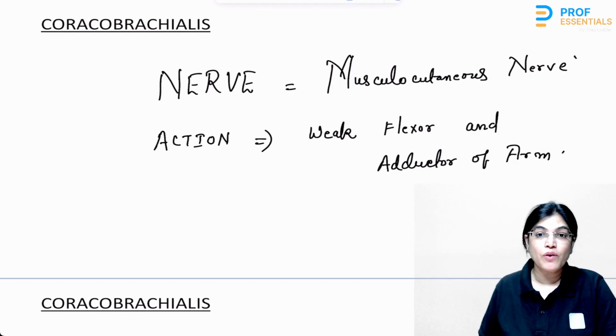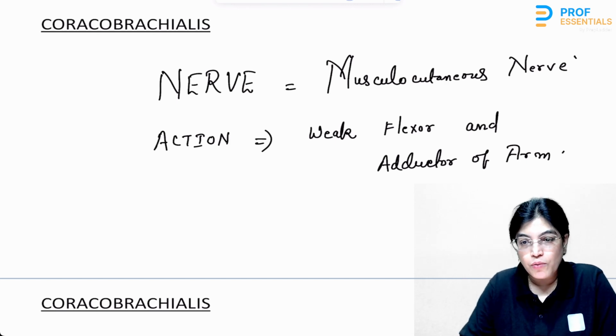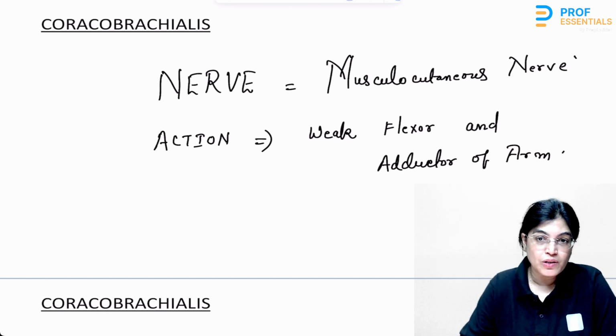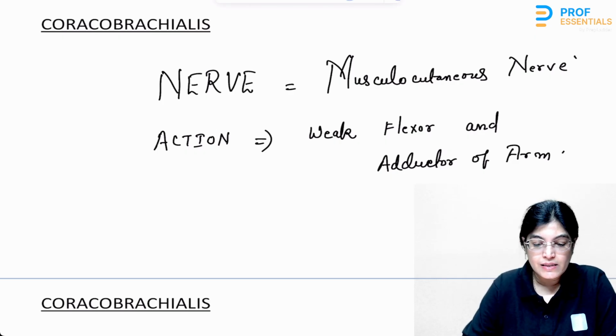Okay. So let's further talk about the morphology of coracobrachialis muscle. That is also important for you to understand. So actually, if I talk about morphology, it represents the muscle of medial compartment of forelimb of the quadrupeds, which is actually not well developed in case of human beings.